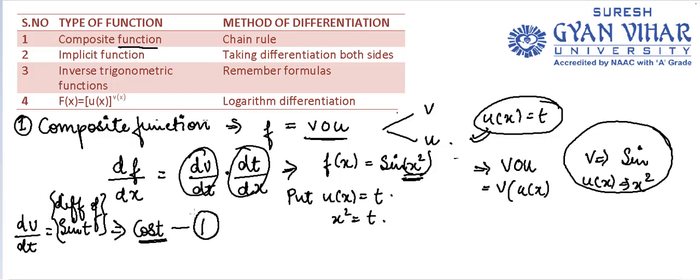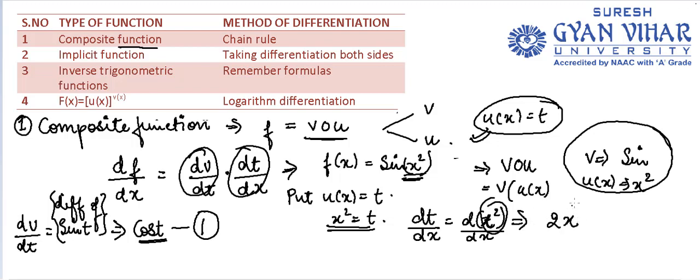Now similarly, dt by dx is the differentiation of x square with respect to x. This we have studied earlier. What is the formula? Twice of x to the power 2 minus 1, so it will give you 2x.